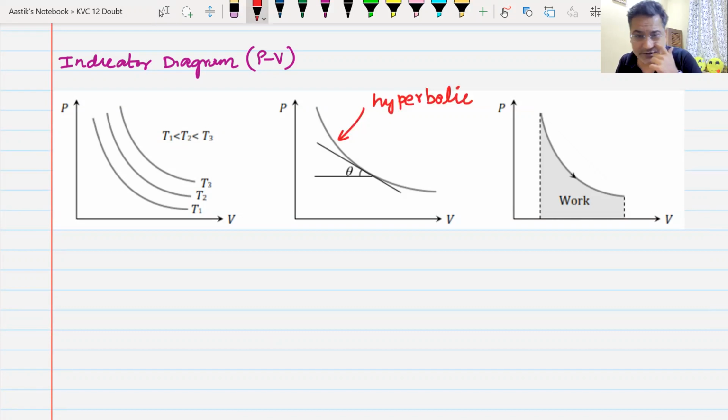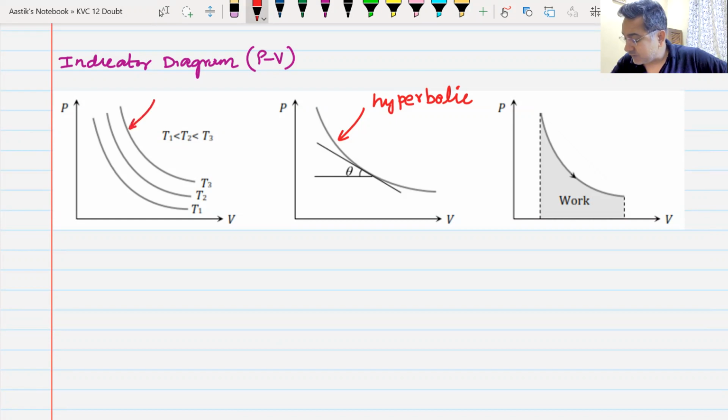It is very easy to find out. P into V is nRT, so wherever the product of P and V is higher, the graph would be that one. In this case, T3 is the highest temperature, T2 is in between, and T1 is the lowest temperature.